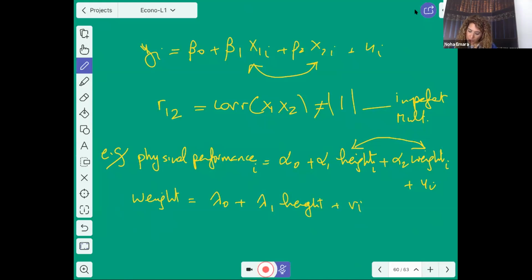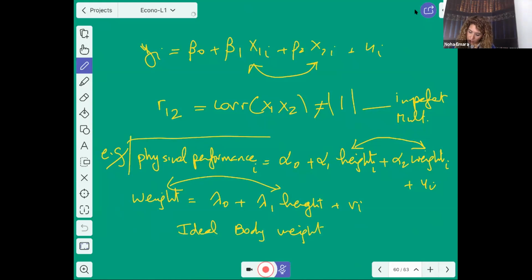And this means that I do have some connection here, and everyone knows that there is this connection between the two. So if I have a model like this, and I'm taking this model to Theta to estimate height and weight, they do not have 100% correlation, but they do have a high correlation. So if I include both variables in the model, I would create some type of imperfect multicollinearity.